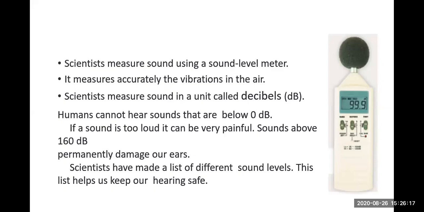Between 0 and 160 we can hear. Scientists have made a list of different sound levels. This list helps us keep our hearing safe, because if the sound is too loud, it can damage our eardrum and can be very painful. Okay, let's continue.